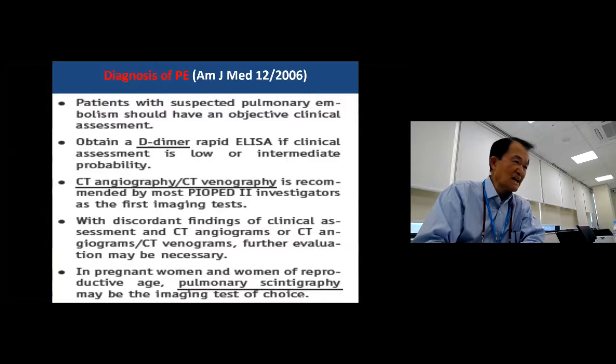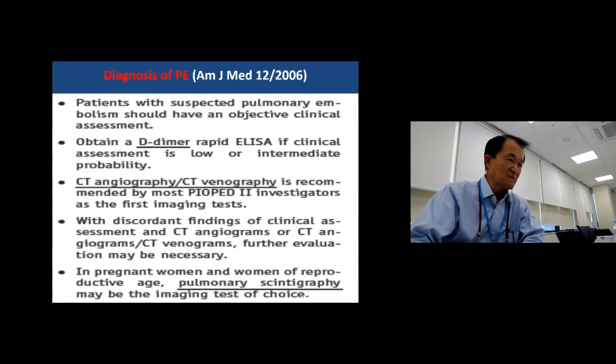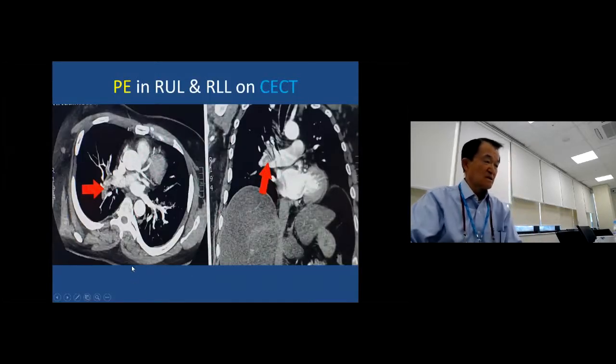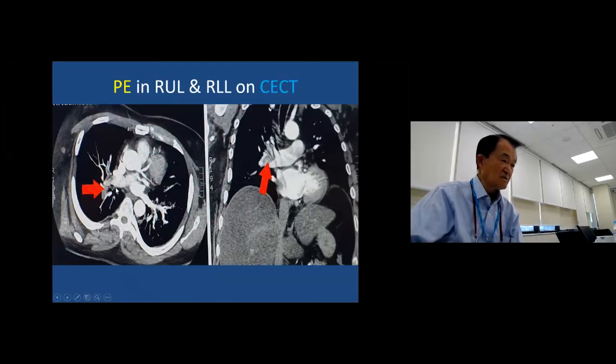So for diagnosis, obtain the D-dimer, okay, CT angio and CT venogram together. And then if there's some problem, a pulmonary lung scan. Now here, if there's a major pulmonary arterial filling defect, that's usually no problem.